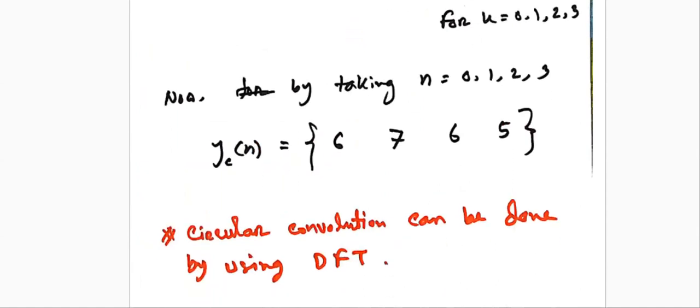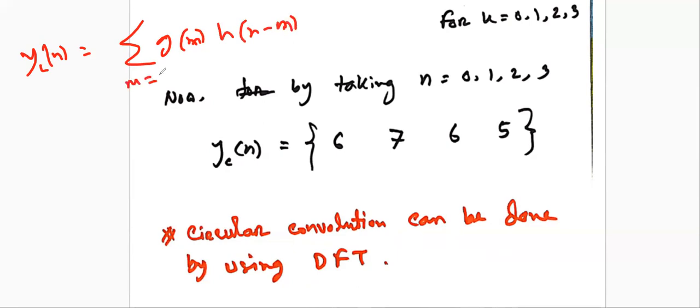So as I have already mentioned, what is the advantage of knowing this process of doing the circular convolution by using the DFT? As we already know, whenever we are doing the linear convolution, we have g[m] and h[n minus m], where m is from 0 to N minus 1.